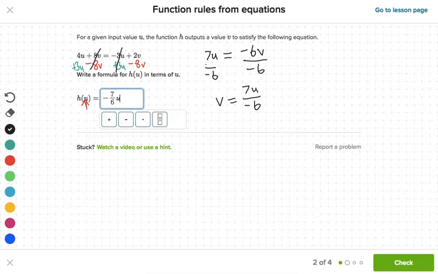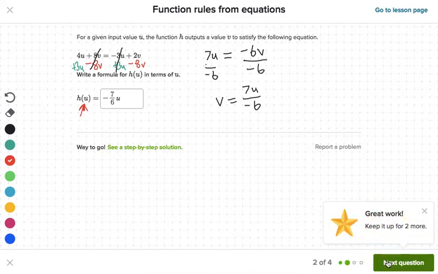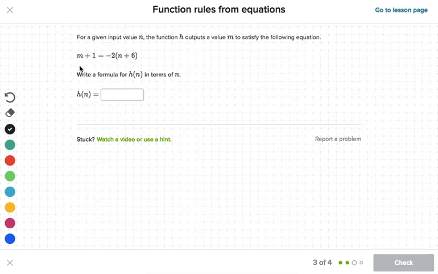So all I'm doing, remember, is solving for the other variable, making sure that all I'm left with is this input variable we have right in here. Your input variable is given within that function notation, so that's what we're focusing on. Let's take a look at a few more. Simplicity here: notice our input variable is n, so our output variable is m.